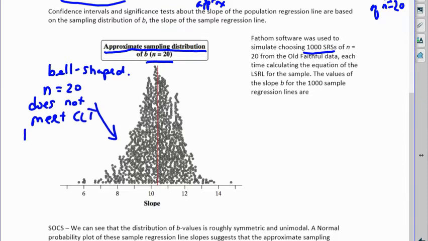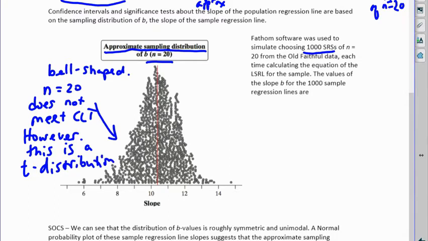CLT. However, what kind of test statistic will we probably be using in this situation? It not being a proportion, it being a mean, this is a t distribution. And remember, at n equal 20, between 15 and 30, it's very robust.